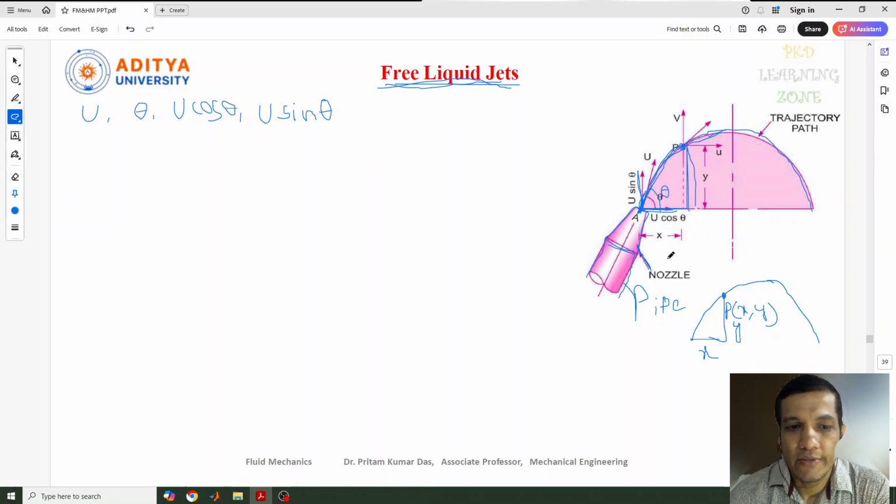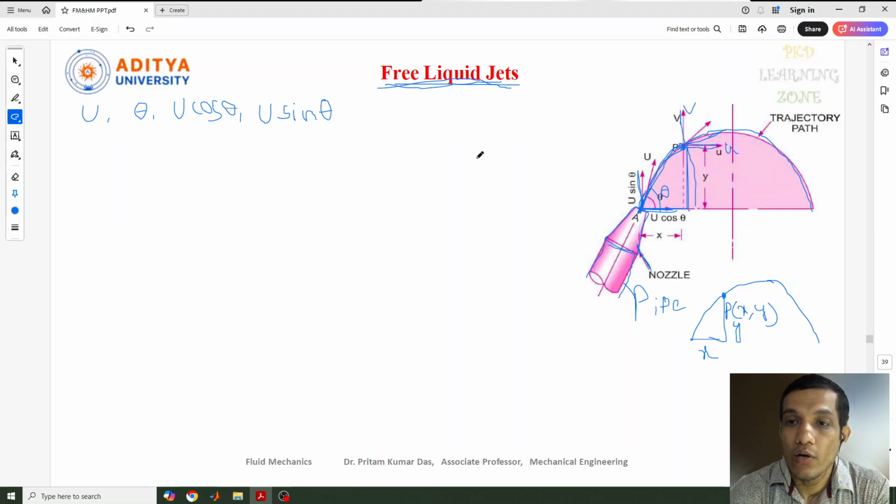So you can see the coordinates of P, as I told you, are x, y, and let's consider the velocity at point P: the fluid moving in the horizontal direction has velocity u, and in the vertical direction has velocity v.